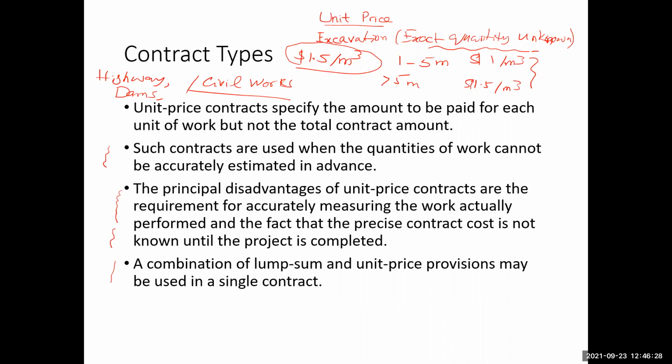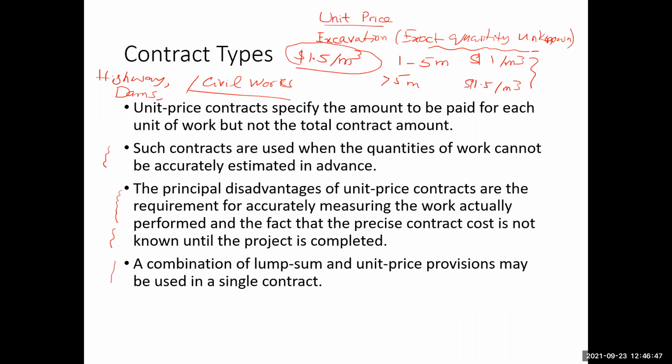for highway projects, there may be some toll plazas, some management offices, etc. There may be some small building related works also involved. So those works can be priced out with lump sum contracts as well.